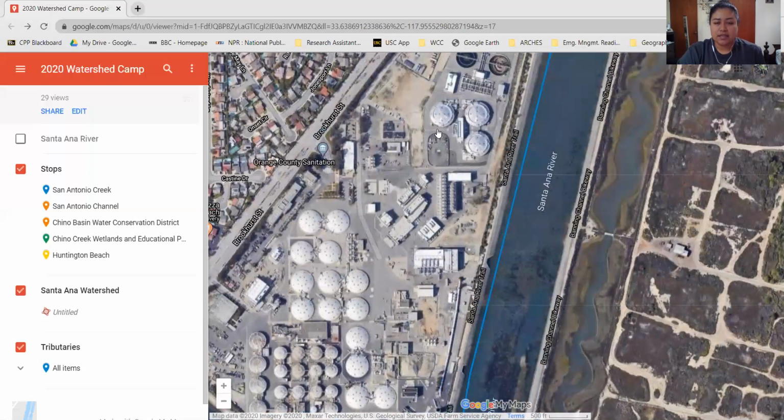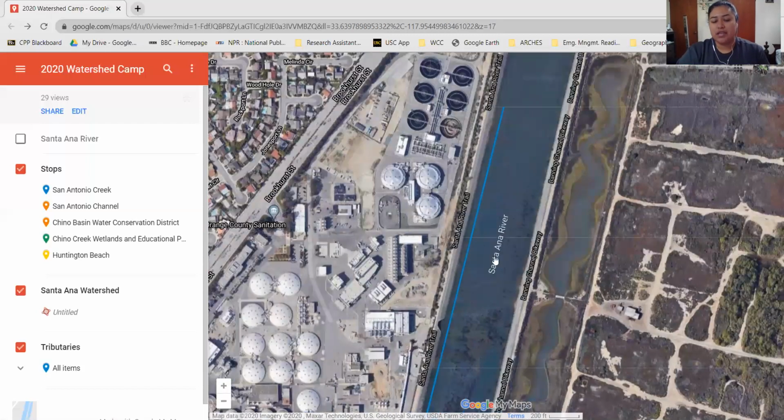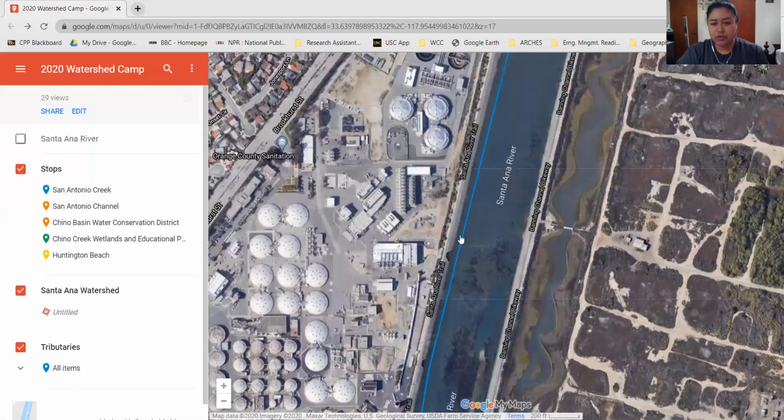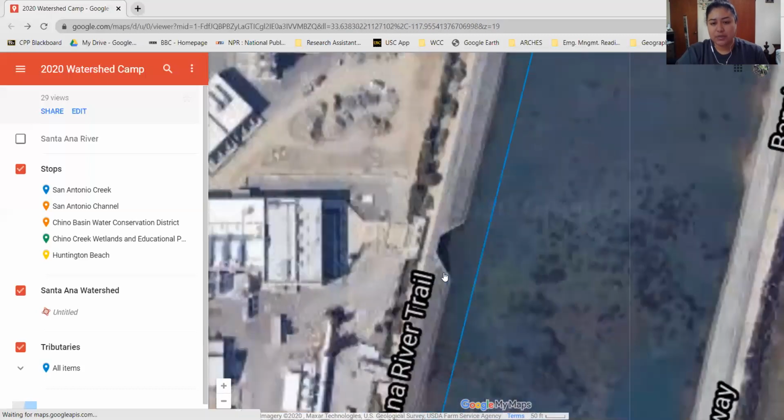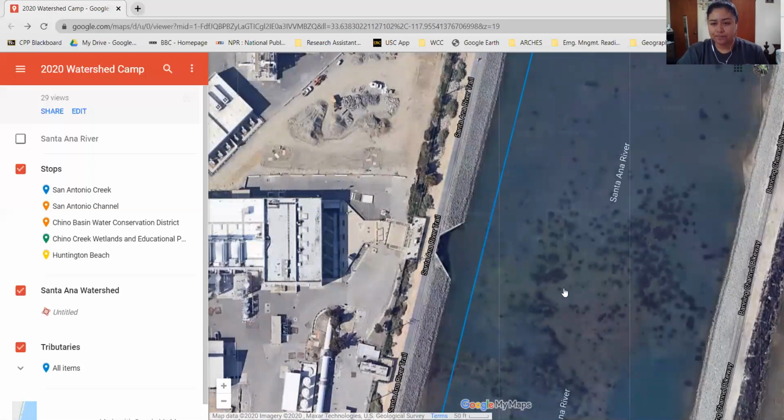And this is important because this sanitation department takes wastewater and cleans it just enough, not to the point where we can drink it, but to where it can be released out into the ocean. So this water that we are seeing right here is coming from Orange County Sanitation. You can see right here these holes in the concrete, and that's where the water comes out from.